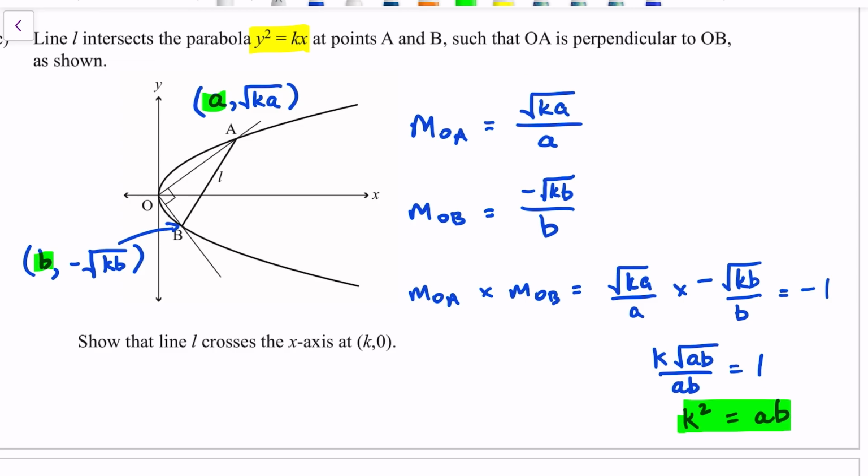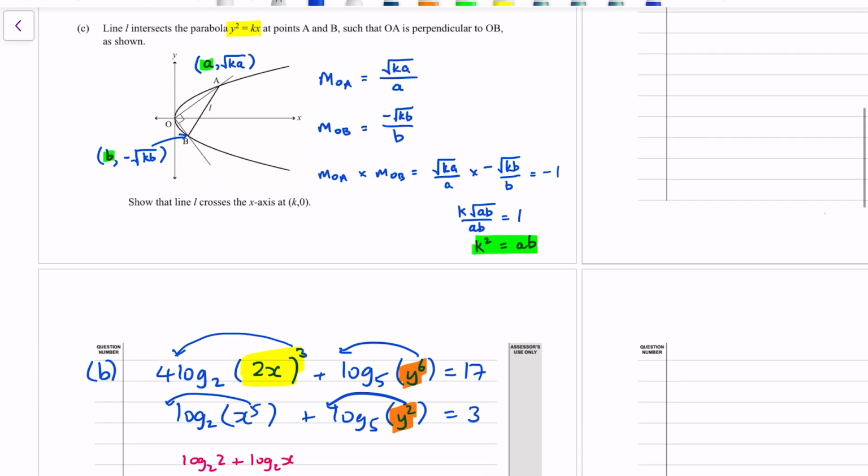Okay, so that's actually a really crucial bit of working out for this particular problem. I'm not going to rewrite it other than to say K squared is equal to AB. You'd obviously need to show your working in the exam.